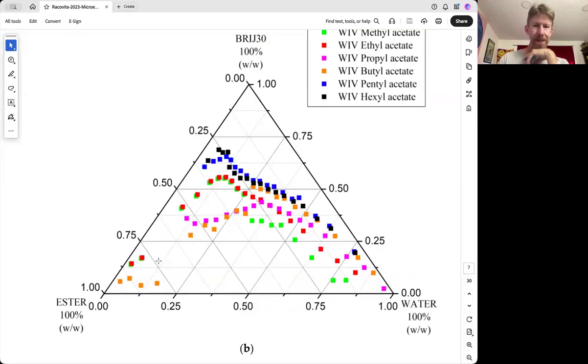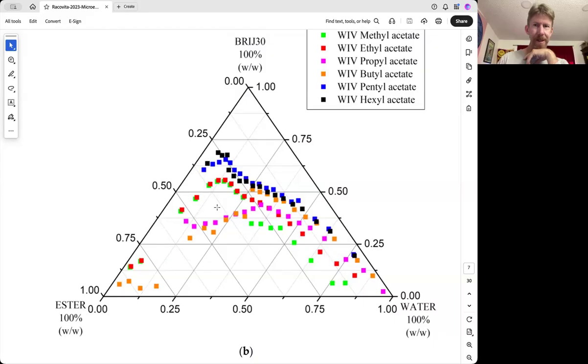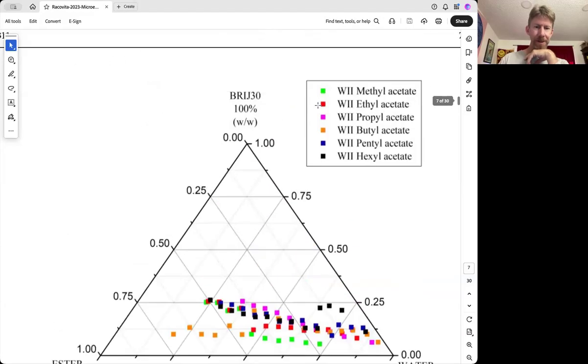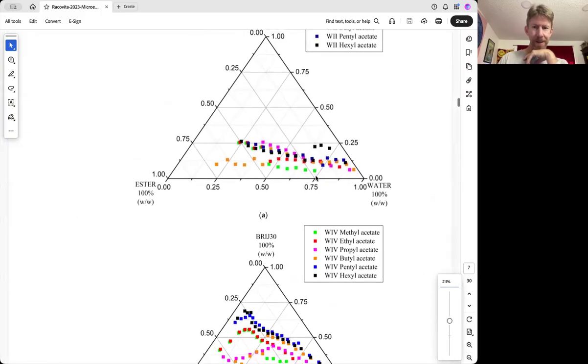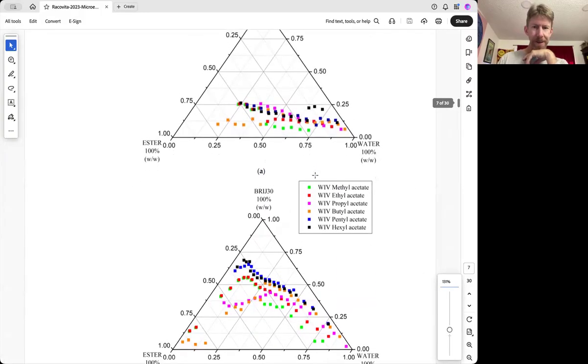So let's think about the methyl acetate. It's green. It's down here. It goes up, and then it stops. And so at all points the green has to be higher here.